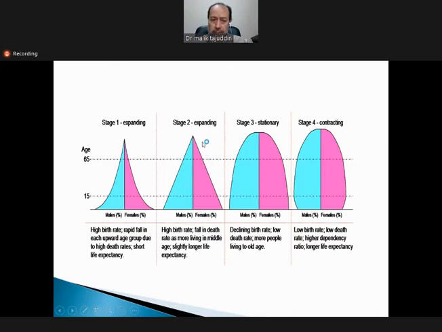The life expectancy will increase. If the life expectancy here is 60, it will go to 65 or 70, and more people will be in the other age groups as well, because the number of deaths is less. If more had died here, then this graph would have a concavity like here.